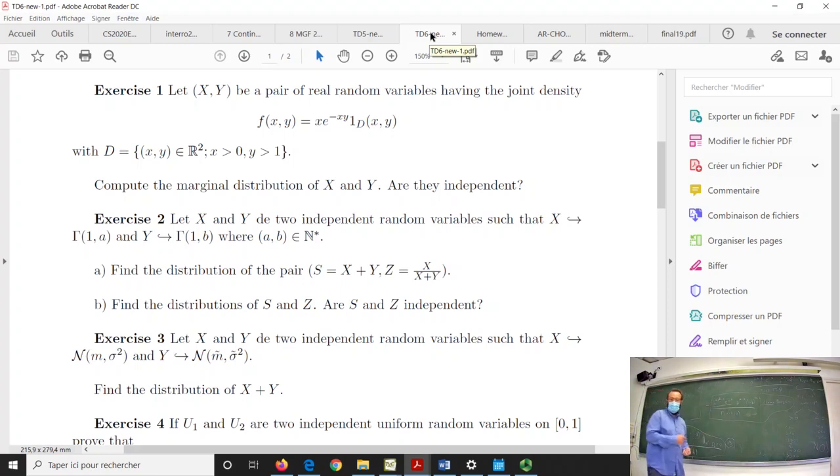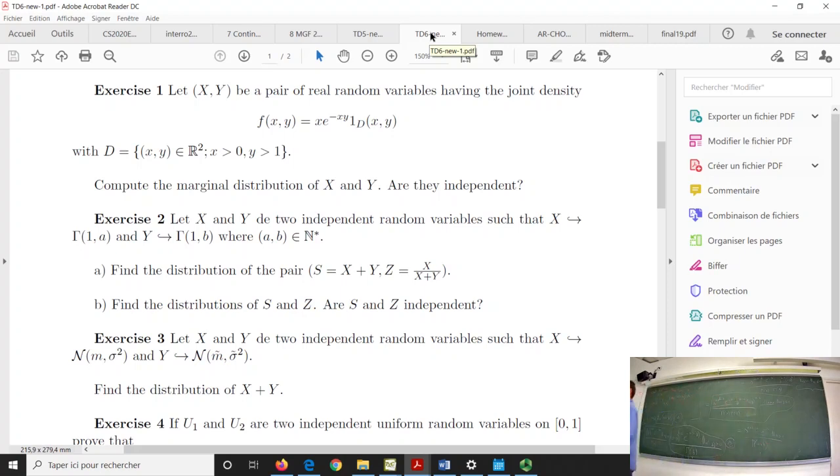So instead of computing partial integrals here, I recognize something that is not very far from one distribution I know. I make it appear, and it will be finished if I do this, because let's make appear the density of S^(A+B-1), exponential minus S, indicator function of S strictly positive. So it's the beginning of a gamma. If I want to obtain my gamma, I have to divide by gamma of A plus B. Now let's do it.